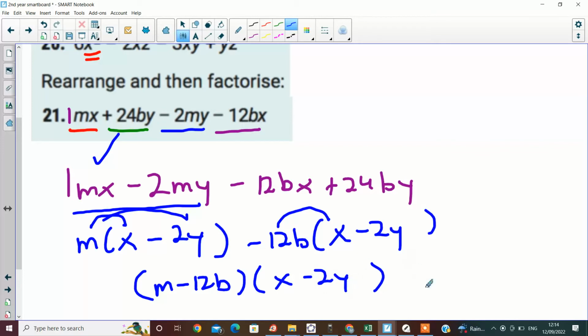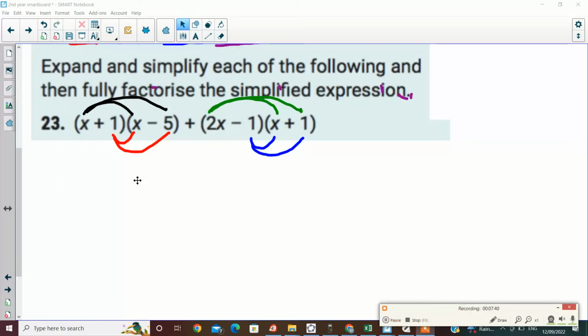Question? Yeah. That's more or less what I did. Now you multiply them out. Okay, Rares, can you tell me what's x times x? Good man. What's x times minus 5?